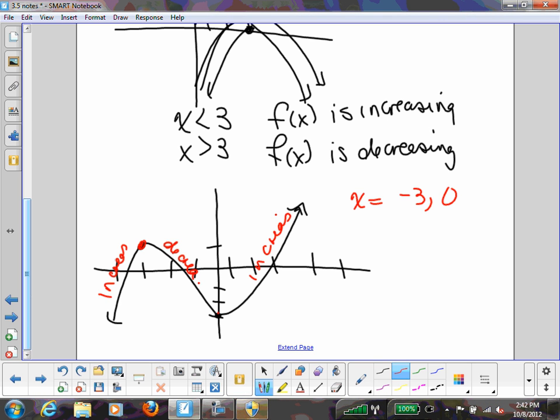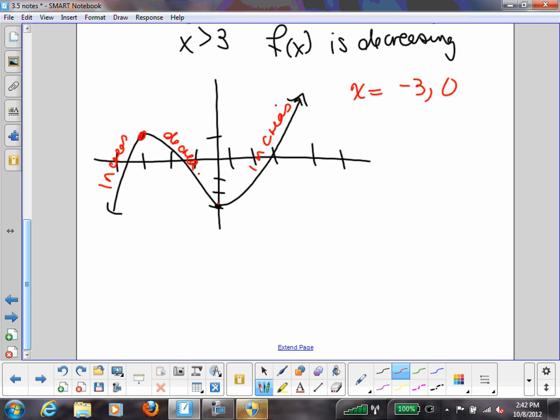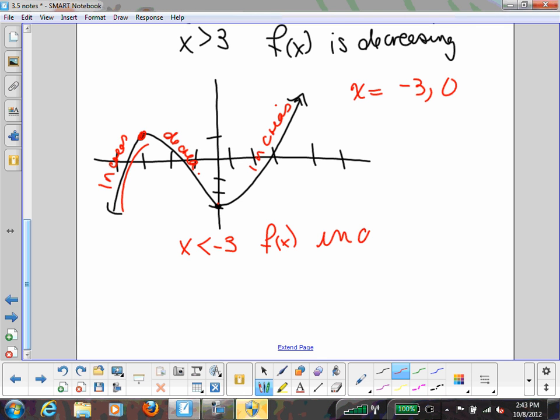Okay? So I need to say this mathematically. So what am I going to say for this first portion? When x is less than negative 3, f of x is what? Increasing. Okay, careful on this next one.